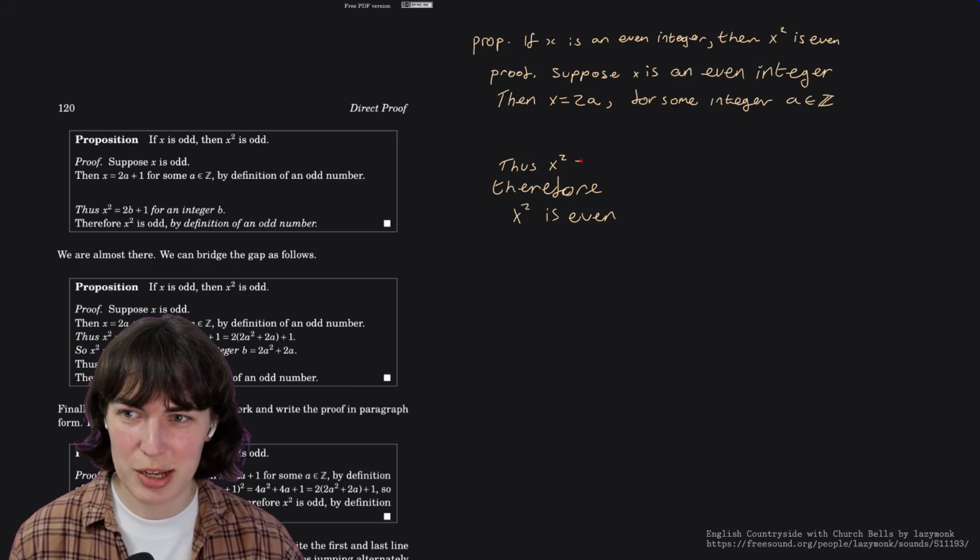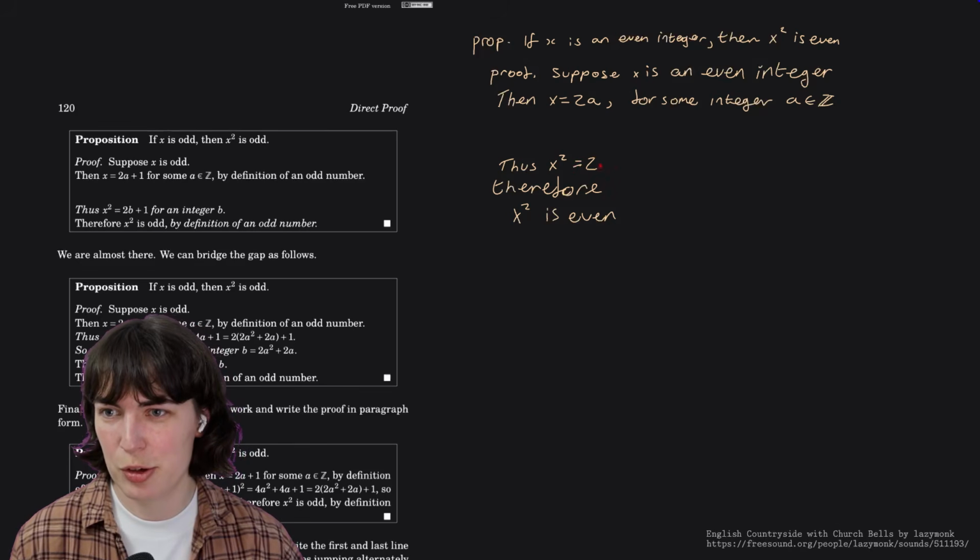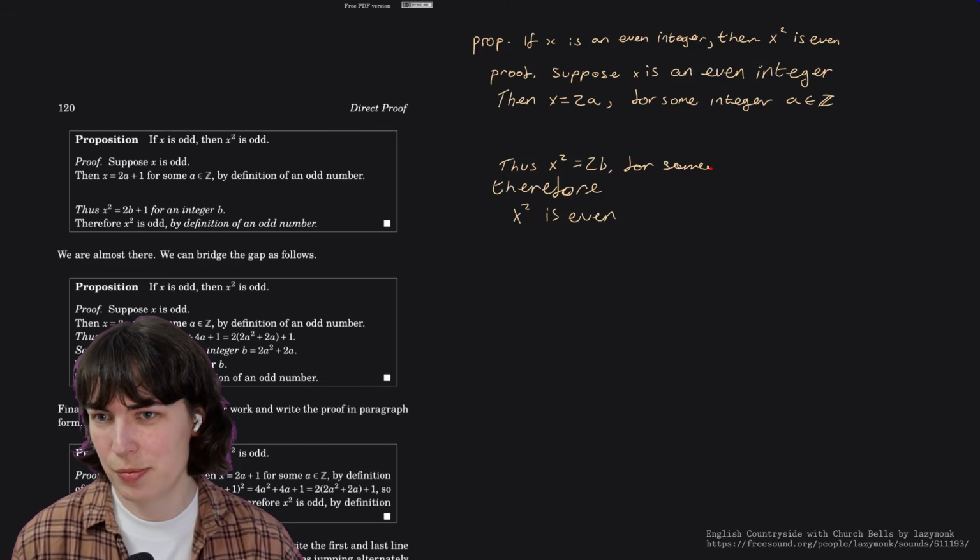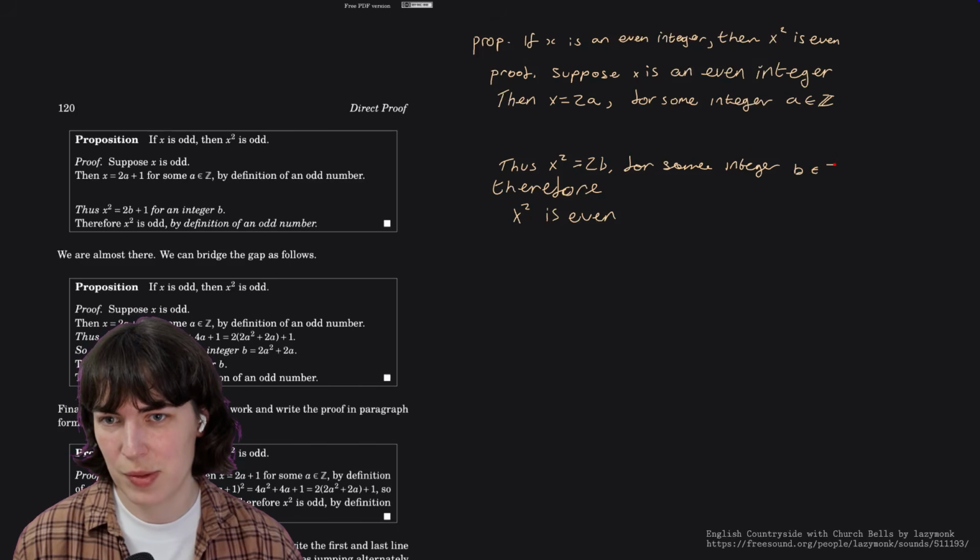Okay, thus x squared is also 2 times b for some integer b, again in the integers.